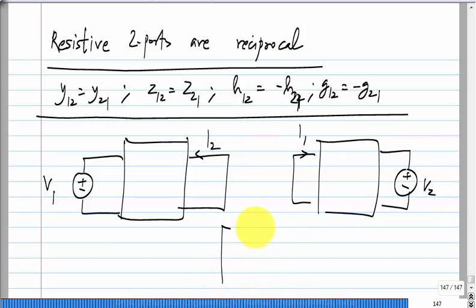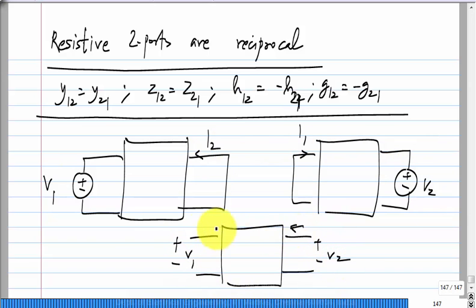Okay. In a general case where you have some V1 and some V2, you can't say what is the relationship between I1 and I2. That depends on the other parameters as well, the actual values of Y11, Y12 and Y22. Is that what you are asking?